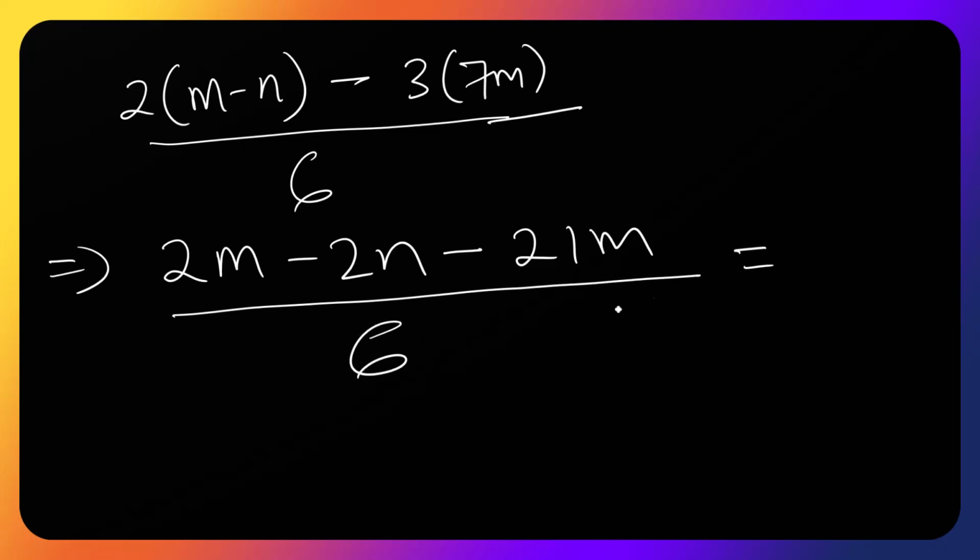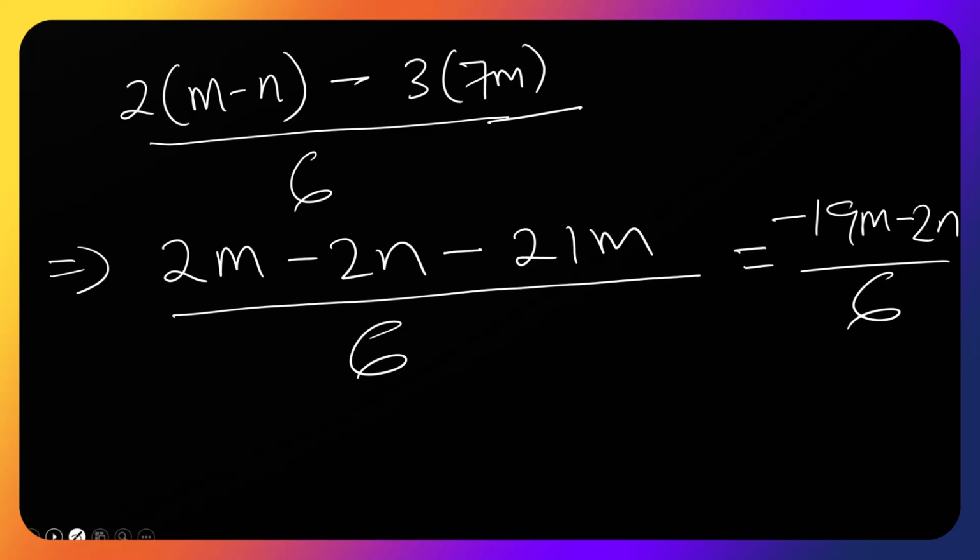So from here, 2m minus 21, that will be minus 19. So we have minus 19m minus 2n on 6. Okay, so that's the answer. All right.